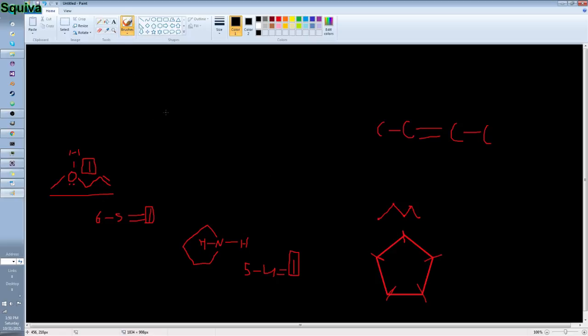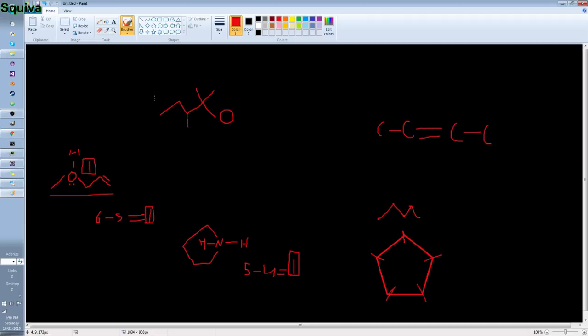Suppose we said, what's the isomer of something that looks like this? Oh, it's been so long since I've done an isomer. Okay, what is the isomer of this?